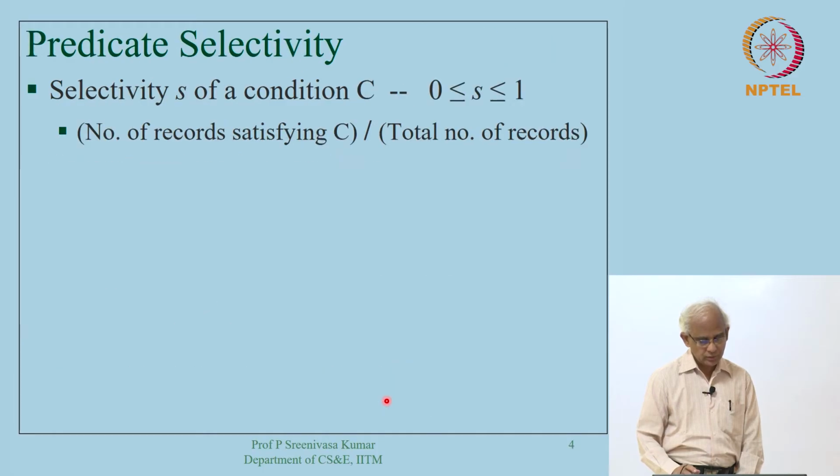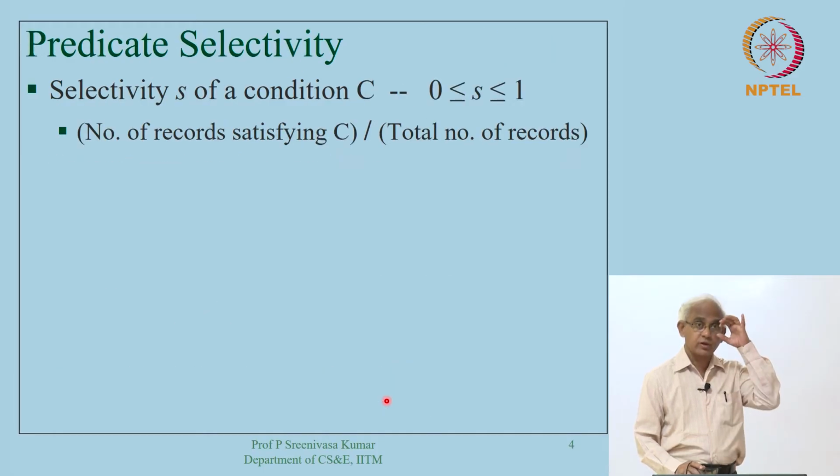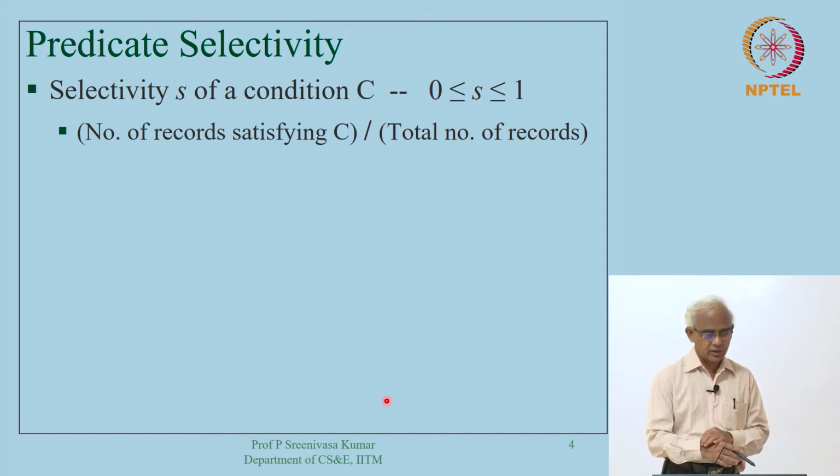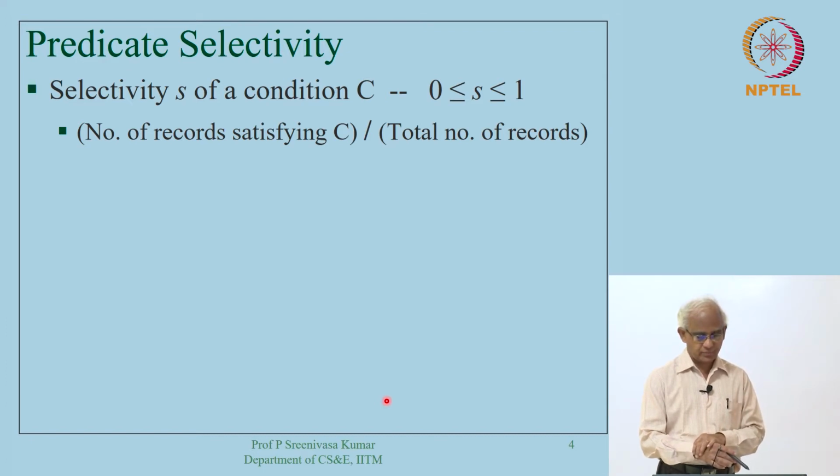Now, in this context we can also think about a quantity called predicate selectivity. How selective is a condition?